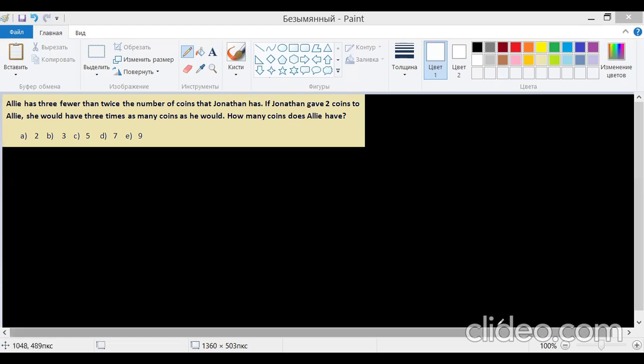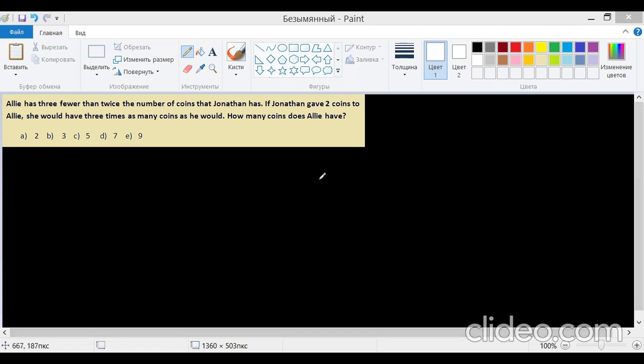Okay, in this particular case, they are asking us about the number of coins Ellie has. But actually, I can show you that it is not very important in this case, which of the two characters of this problem, I mean, either Ellie or Jonathan, whose number of coins should be expressed through X. This is what I wanted to say.